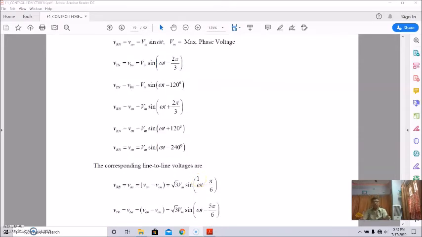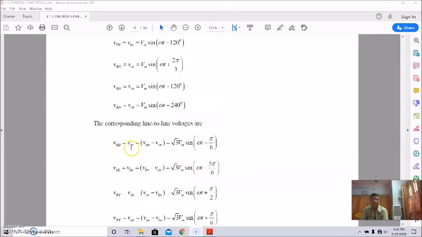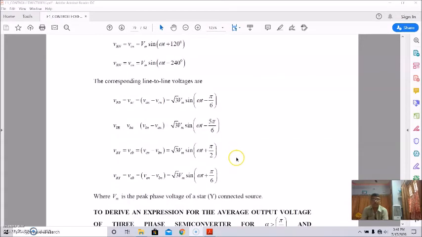The corresponding line to line voltages are: VRB equal to VAC, which is the difference between VAN and VCN, the phase voltages of A phase and C phase. So this is equal to root 3 Vm sin omega t minus pi by 6. VYR, equal to VBA, is the difference of B phase voltage and A phase voltage, equal to root 3 Vm sin omega t minus 5 pi by 6.